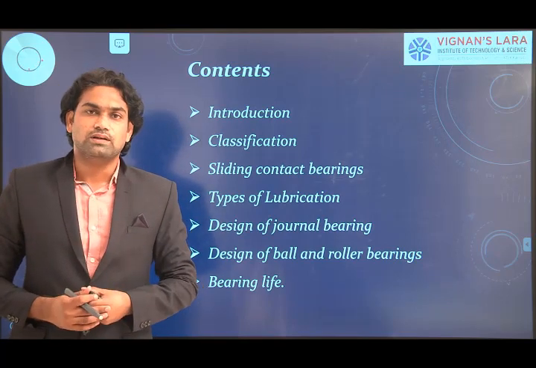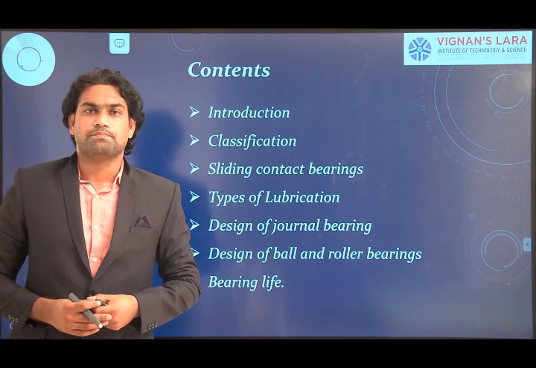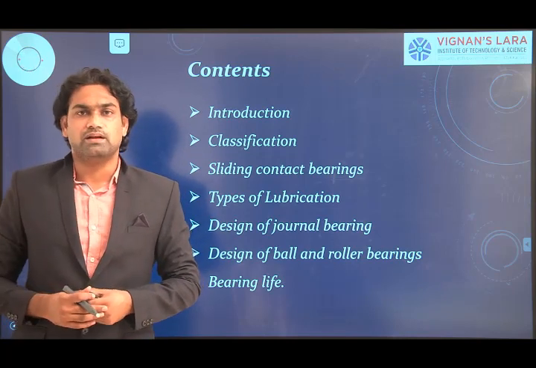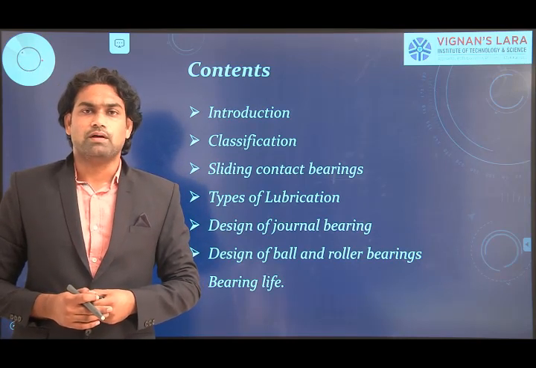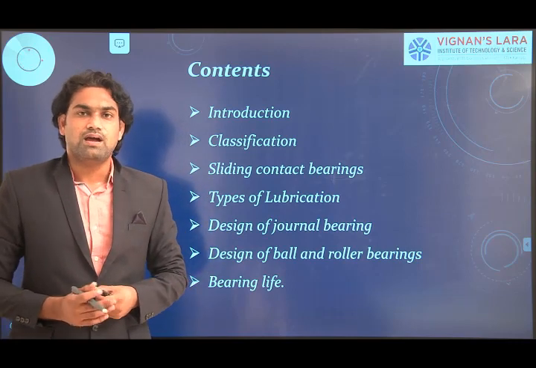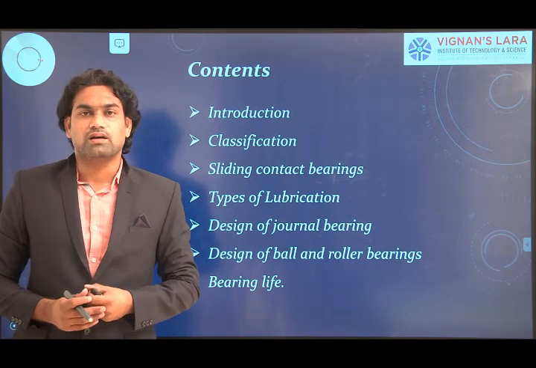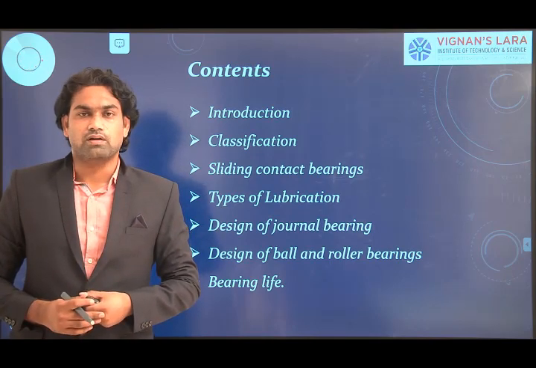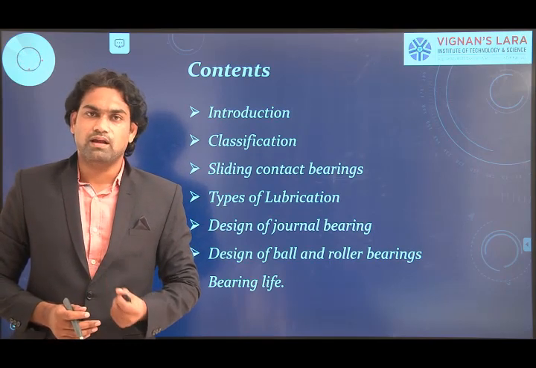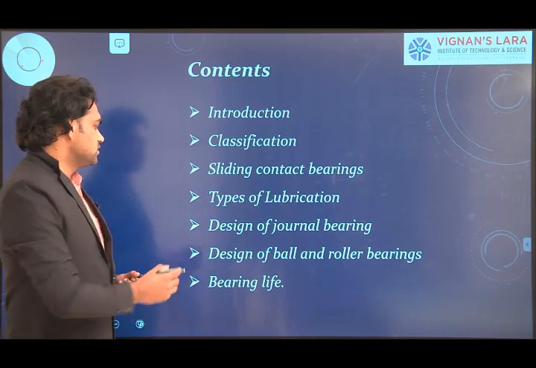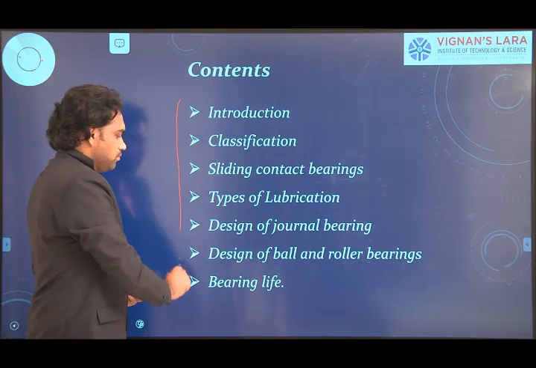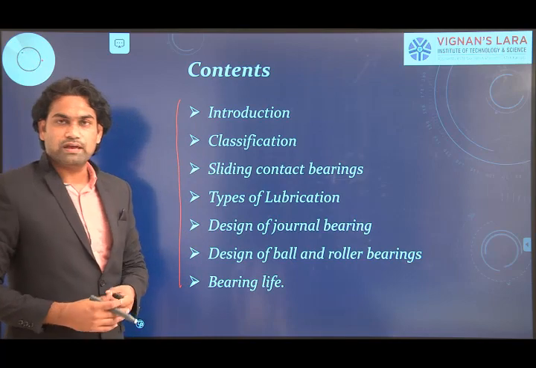Then we go with sliding contact bearings and the types of lubrication modes present in them, and then the design of journal bearings. After that we see the selection of rolling contact bearings and their life prediction. That is the total syllabus in unit 1. Bearing life we need to calculate.